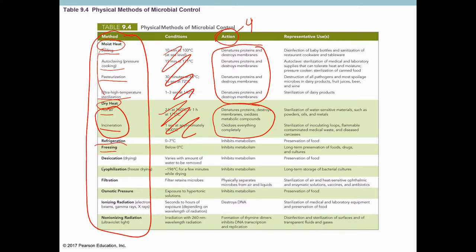Refrigeration includes freezing. Desiccation, you need to know the definition of that. Lyophilization, so that has to do with cold temperatures. Filtration, air filtration and liquid filtration, what that means. Osmotic pressure, using salts and sugars to dehydrate things. And then the 2 different types of radiation.